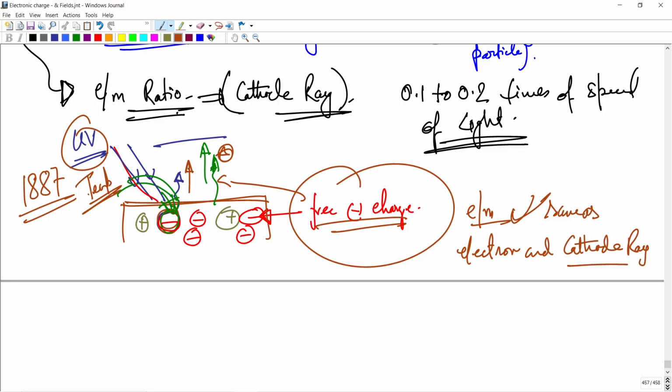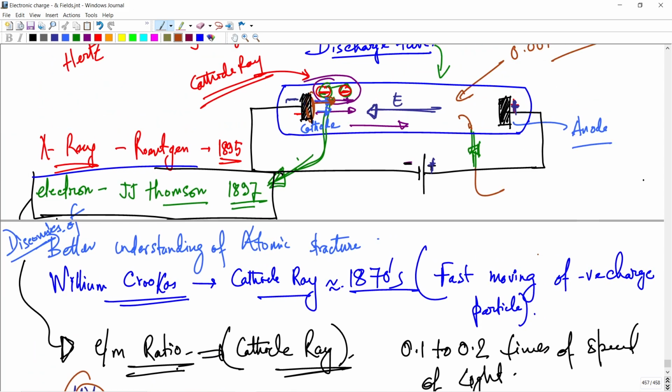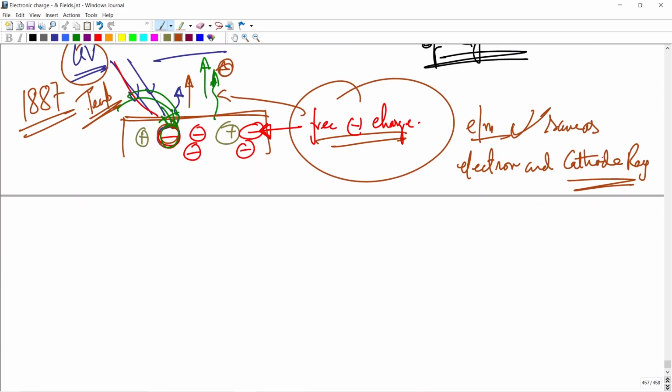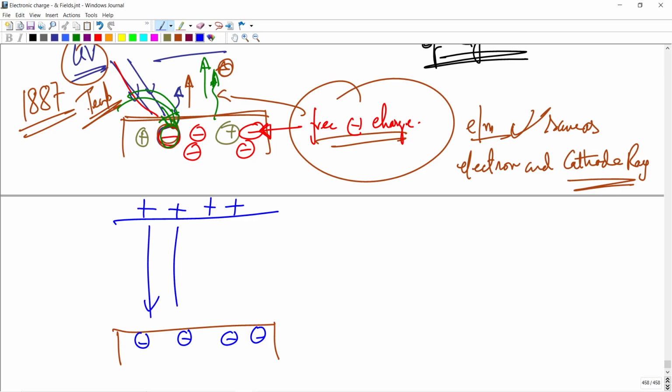So the concept is clear. If I place an extra electric field, suppose there is a metal with some negative free electrons, and we place a positive charge here, we get a high electric field, and that's why the free electrons gain kinetic energy and escape from the metal surface towards this plate.